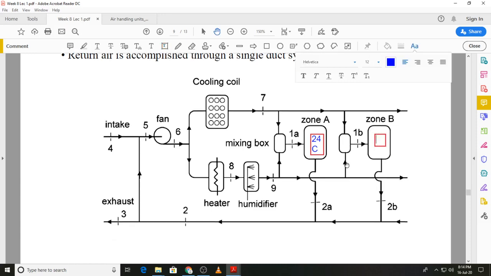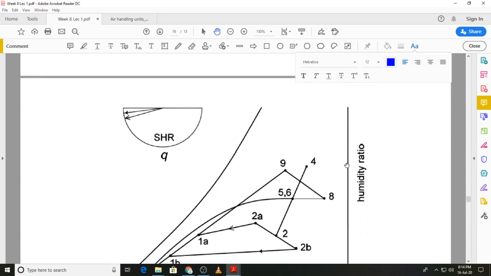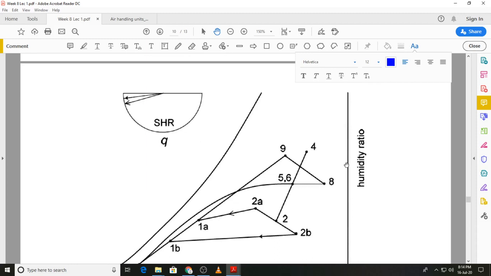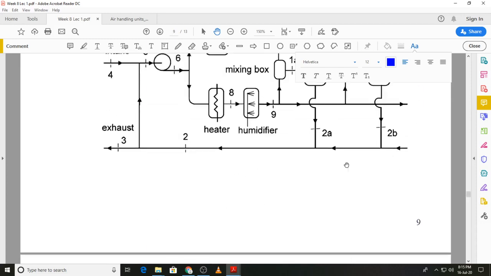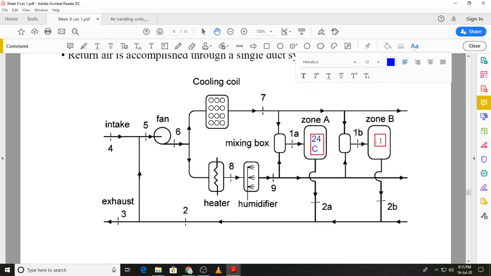I'll quickly take a look at the diagram to see zone 1B, 1A, 2A and 2B. 2B is higher, so we will say that this is again 26 degrees C.